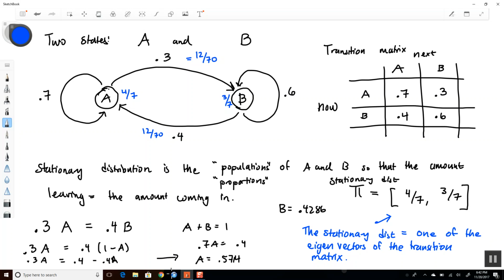You start somewhere, and if we were to draw samples from this Markov chain, it might look something like this.